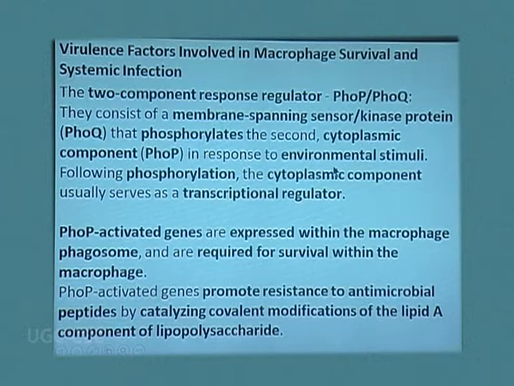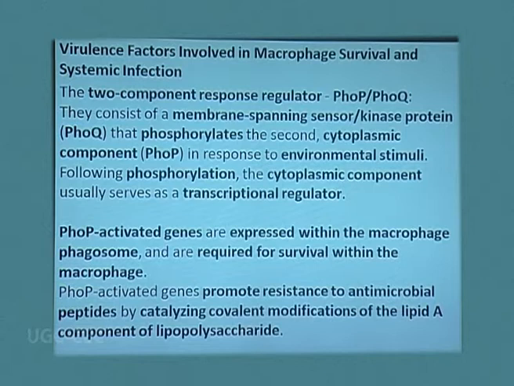Now, this PhoQ is the transmembrane sensory kinase that senses the entry of the bacteria inside the phagosome, and thereby it phosphorylates the downstream effector in the cytosol, that is the PhoP component, and this PhoP after phosphorylation gets activated and acts as a transcription regulator.